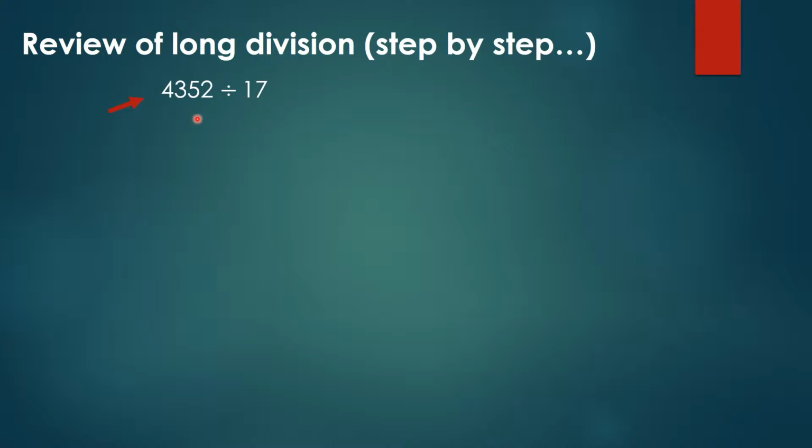In this case, you have a dividend of 4,352, and you want to divide it by 17, the divisor. Doing it by long division, we see the divisor and the dividend.